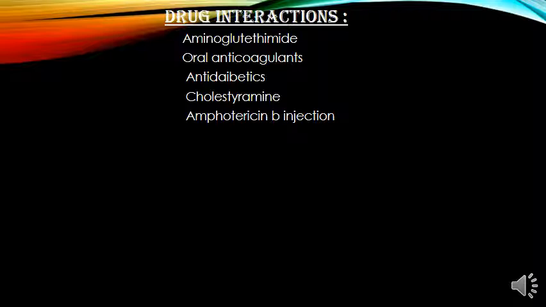So if you are taking another medication, you should consult your doctor or pharmacist first before applying these topical corticosteroids, or mention that you are using these drugs, so they can suggest the proper treatment methodology. The first drug is aminoglutethimide.